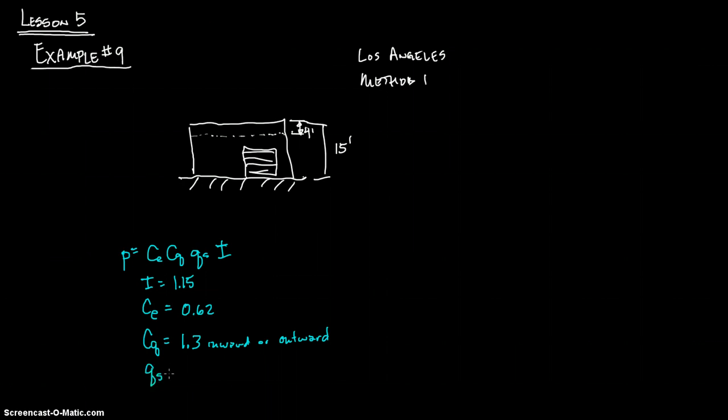We also have qs, and that is located on table 16F. Its basic wind speed is 70, I believe. I'm pretty sure LA did not have a special wind speed, and I don't think it does.